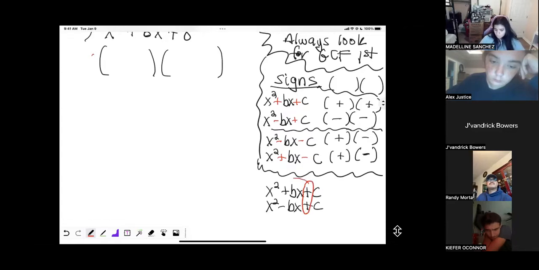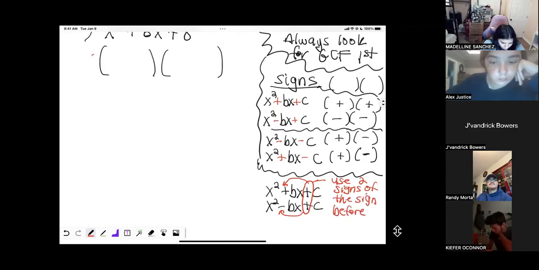Then you use 2 of the sign before. Well, that doesn't make sense, does it? I didn't say that very well, did I? That just means if they're both positive and I have this one, it means I'm going to have a positive, positive because this is my positive. And this one's a negative. That means I'm going to have 2 negatives.